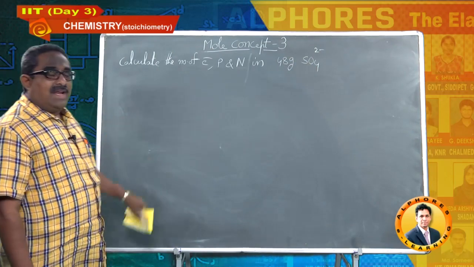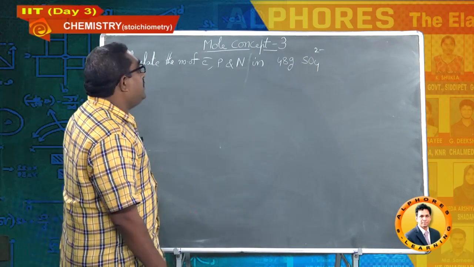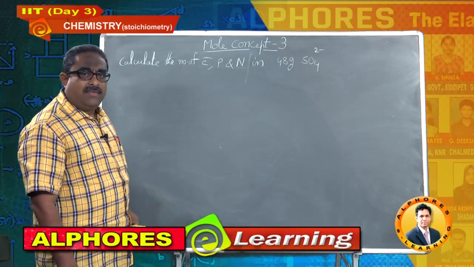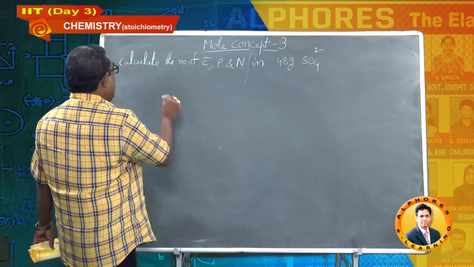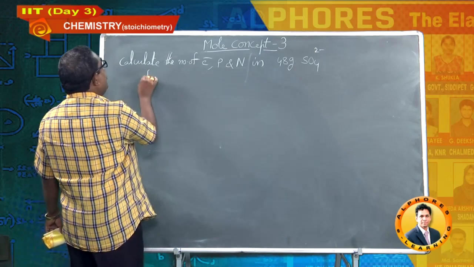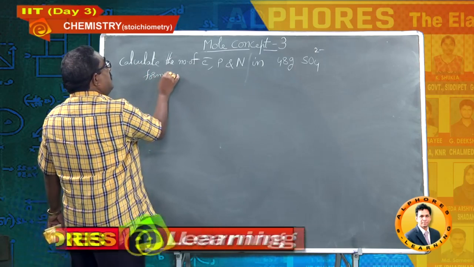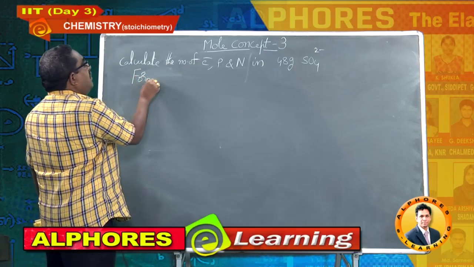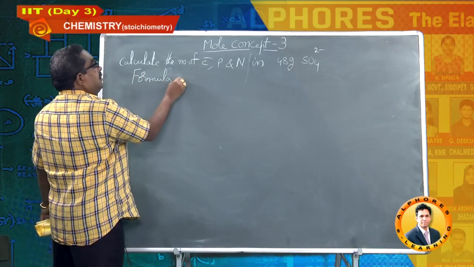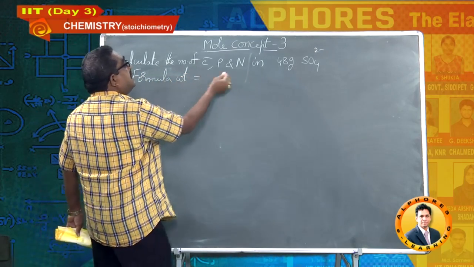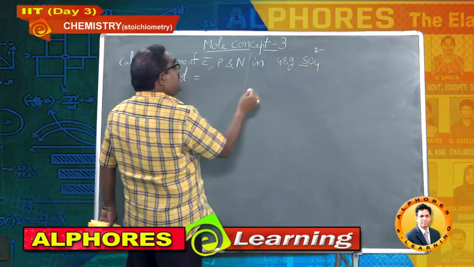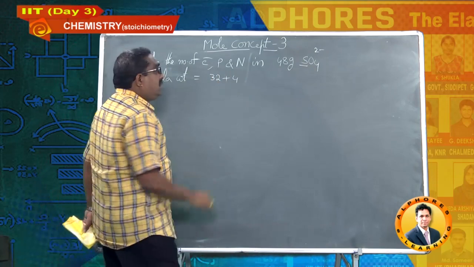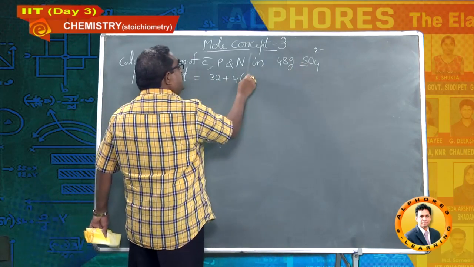Here I have given one anion. Okay, no problem. This is an anion. We can calculate the formula weight for that. I am calculating the formula weight first. Formula weight is equal to atomic mass of sulfur 32 plus 4 into atomic mass of oxygen 16.